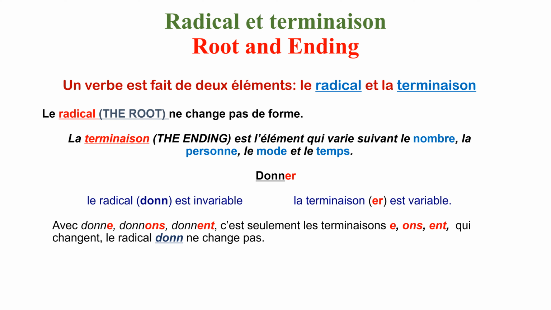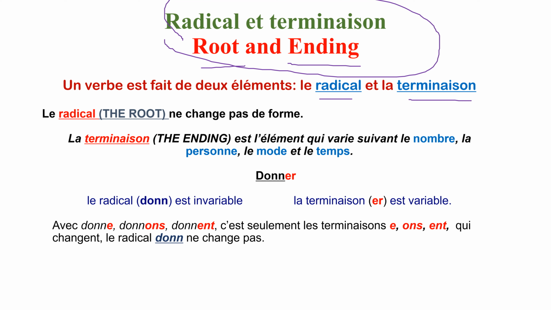If you want to learn French, it is imperative that you know the difference between root and ending, le radical et la terminaison. A French verb is divided into two parts, le radical et la terminaison, the root and the ending. The root does not change its form, it remains the same. That's why it is invariable.